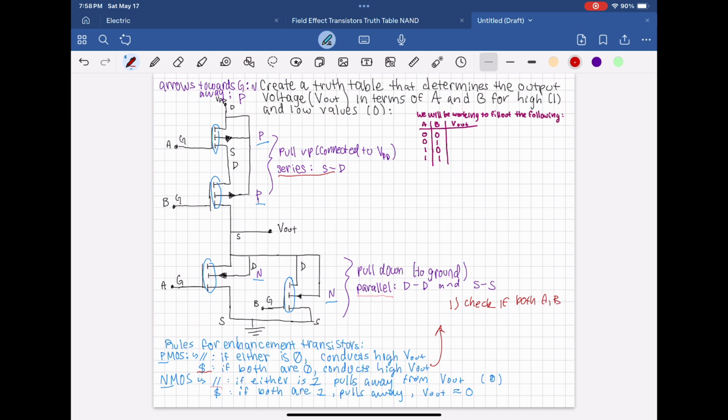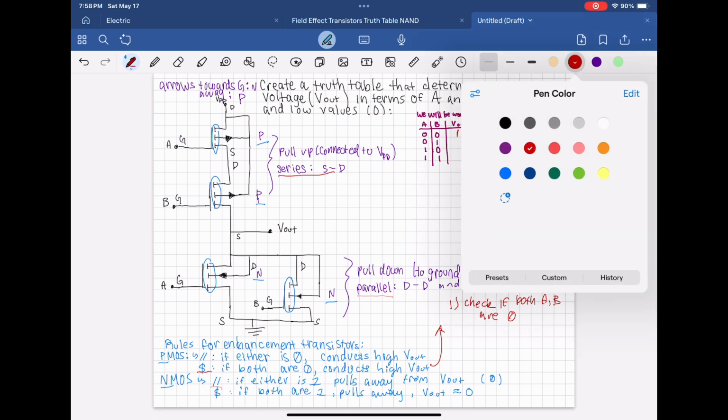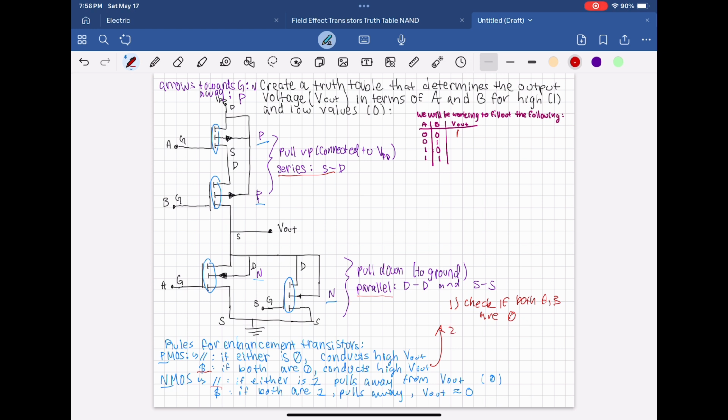Anyways, using this information, we can fill out our Vout table. As mentioned before, the one that's really going to apply to the pull-up, our pMOS behavior, is A equals 0, B equals 0. We know it must be 1. For the rest, because it's in parallel, if either A or B is 1, we can assume Vout is 0.